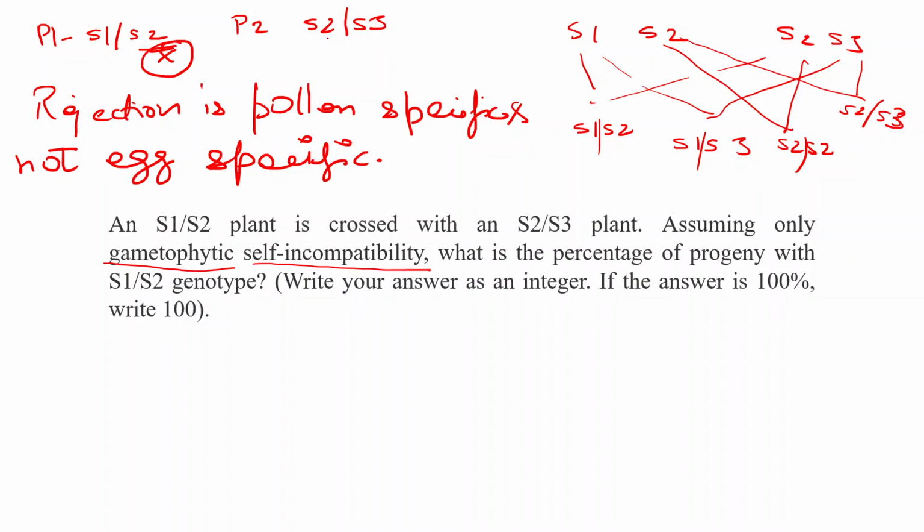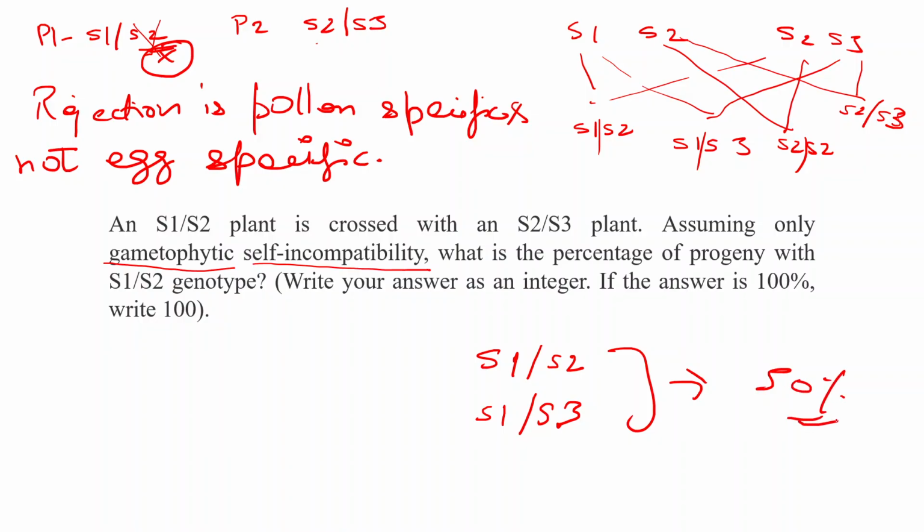So these are the two alleles of the stigma, S2 and S3, and these are the alleles of the pollen, S1 and S2. So here this S2 allele of the pollen matches with the S2 allele of the stigma. So the S2 allele is rejected. So now the combinations can be S1S2 or S1S3. So 50-50% chances there. So the answer is 50%. Each has equal probability. So progeny distribution would be 50%.